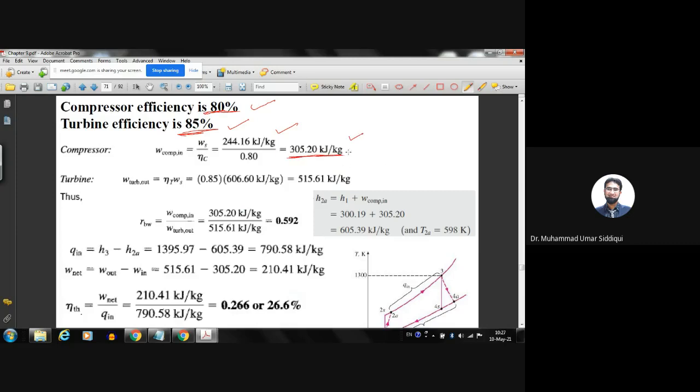Then we can determine the actual enthalpy H2A. Because the work of the compressor is H2 minus H1, if it is ideal it will be H2S minus H1, and if it is actual it will be H2A minus H1. So we can determine H2A here. Once we know H2A, we can go back into the table and, corresponding to H2A, determine T2A, the temperature at the exit of the compressor.